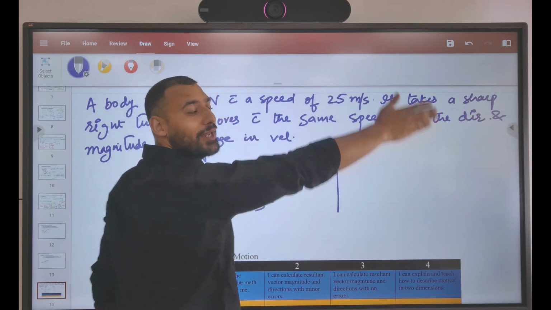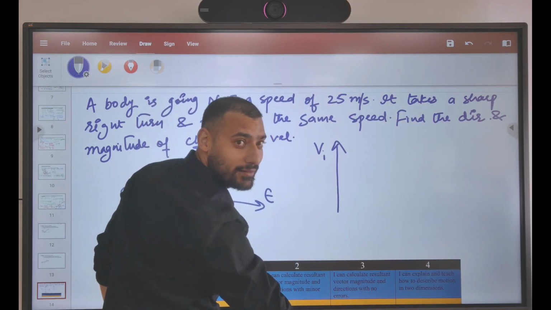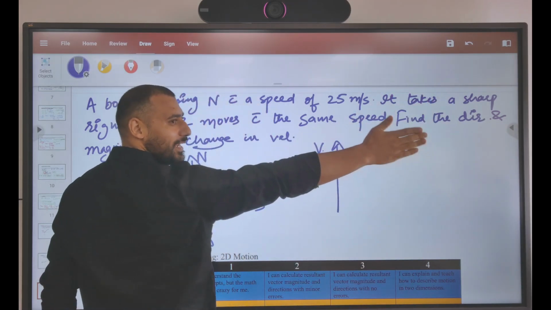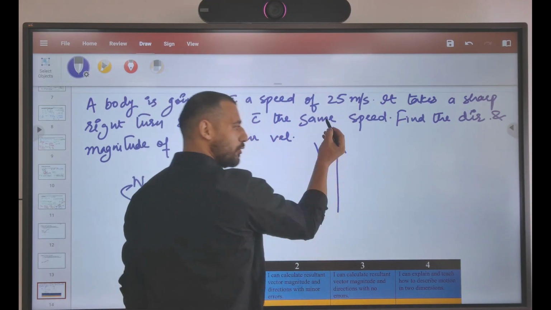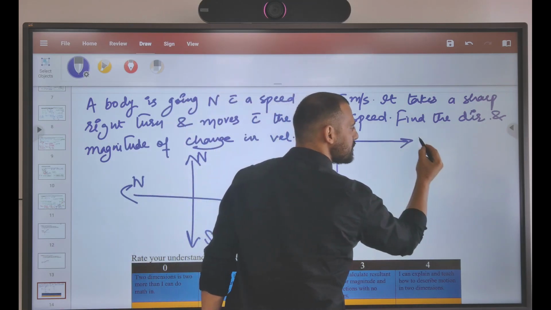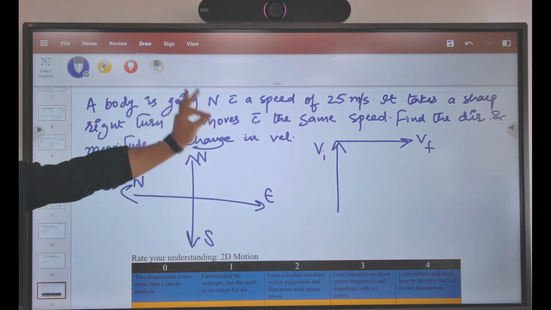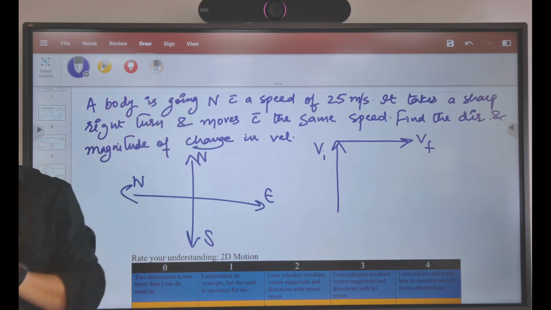Or sharp right is this. Or sharp right is this. This is a U-turn. This is sharp right. Right? So that means if I'm going like this and taking a sharp right, this is my final velocity, isn't it? Find the direction and magnitude of the change in velocity.